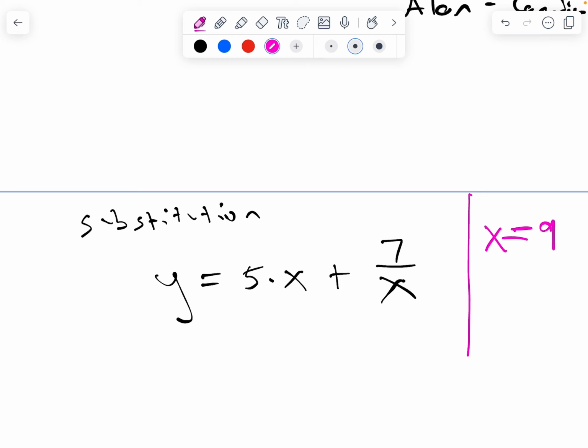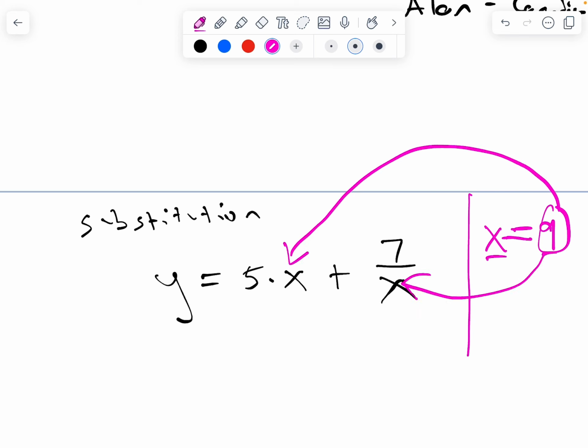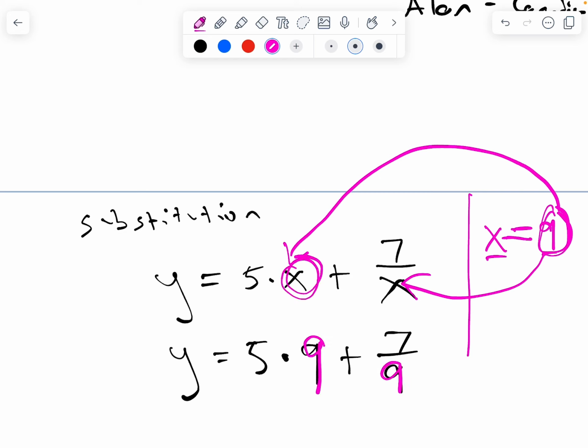So x and 9 play the same position, so 9 is going to go in wherever x was. So wherever we say x, we're going to substitute in. The coach says, I'm subbing you in, 9, and so 9 is going to go there in place of the x's. So 5 times 9 plus 7 over 9. Let me put this in purple so you can see. So wherever we saw an x, I'm writing a 9. So 9 is substituting in there. So that's the substitution property.